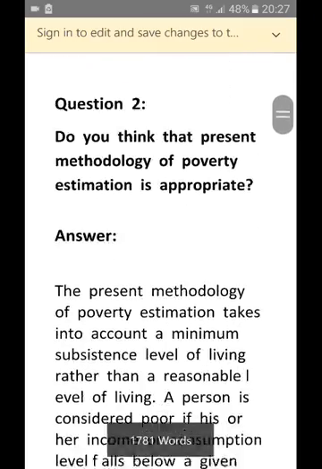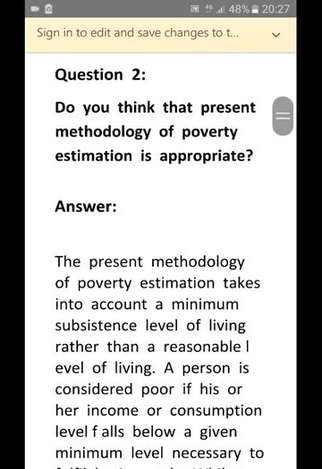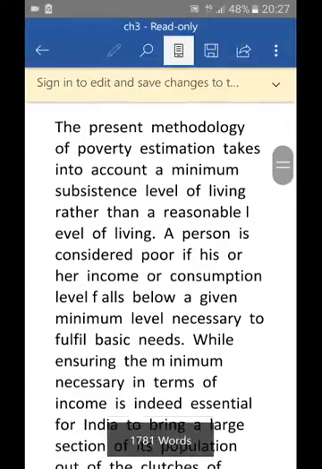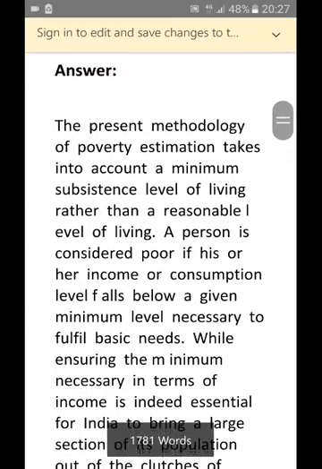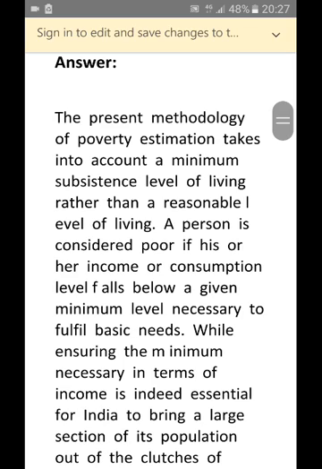Our second question: do you think that the present methodology of poverty estimation is appropriate? The answer is yes. The present methodology of poverty estimation takes into account a minimum subsistence level of living rather than a reasonable level of living.